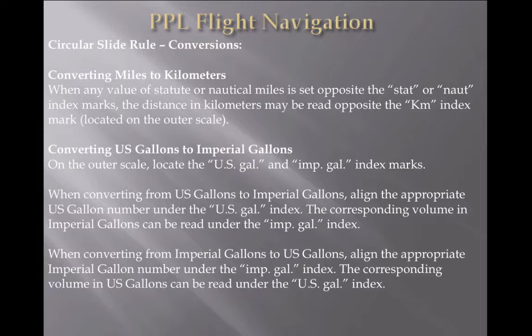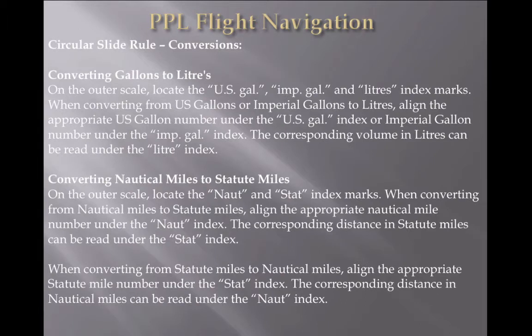When converting from imperial gallons to US gallons, align the appropriate imperial gallon number under the imp gal index. The corresponding volume in US gallons can be read under the US gal. So it's just important to know where these are and then how we quickly use them. Gallons to litres. Locate the US gal, imperial gal, and litre index marks.